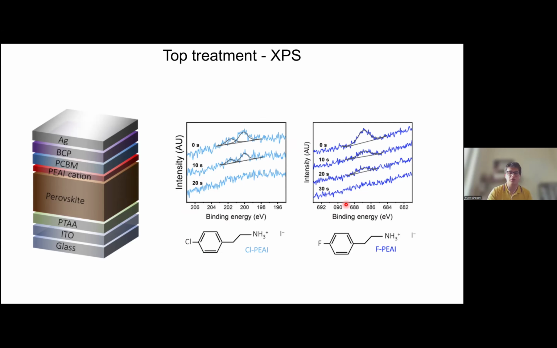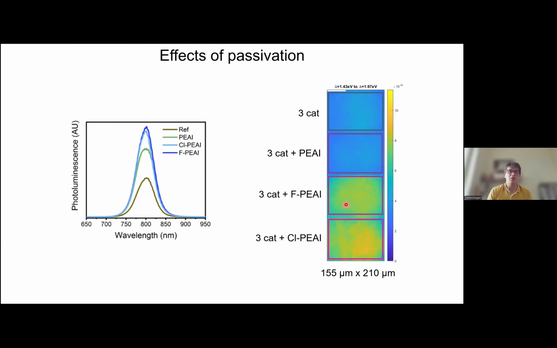And looking at the XY axis, we perform photoluminescence mapping, and we observe an enhancement in the emission along all the surface, especially for fluorophenylethylammonium iodide and chlorophenylethylammonium iodide.